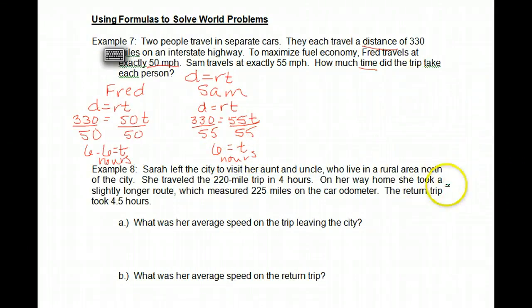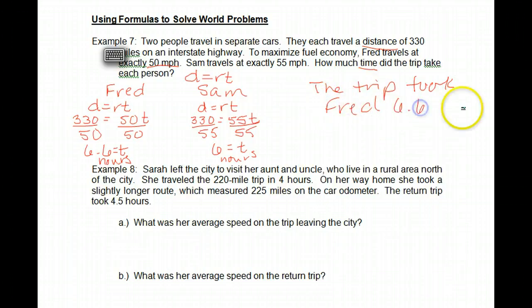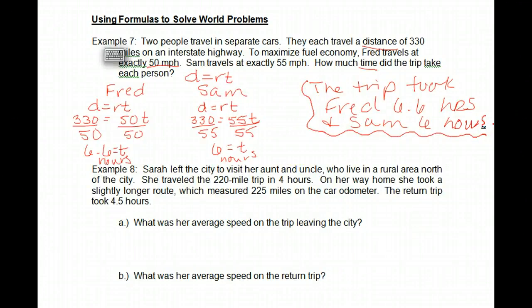So we can say, as we write a sentence, that the trip took Fred 6.6 hours and Sam 6 hours. However, you may have a professor that does not want your answer as 6.6. Because think about it.